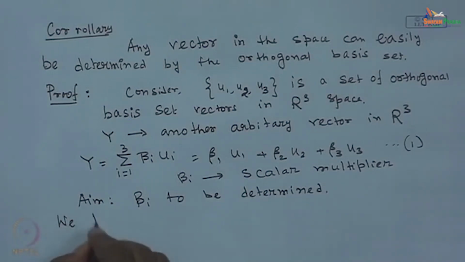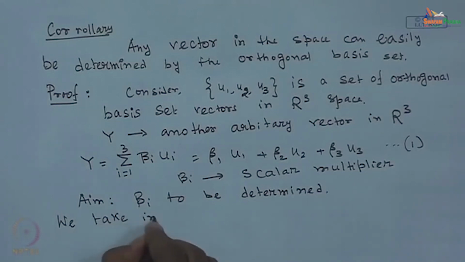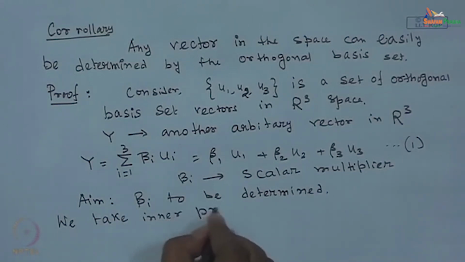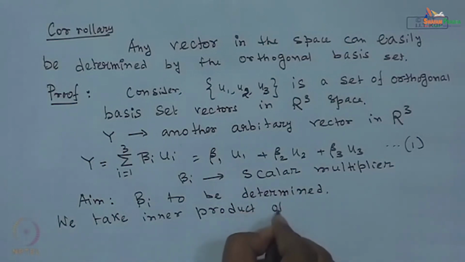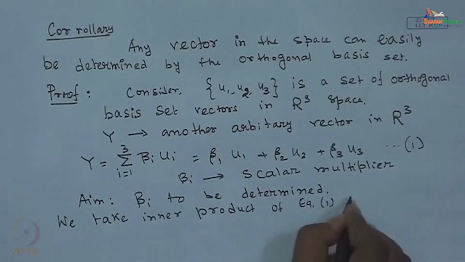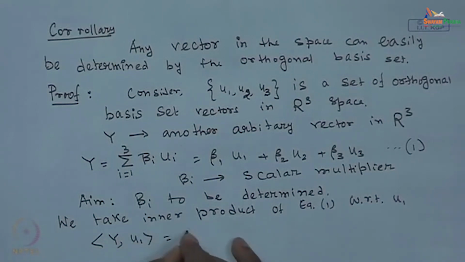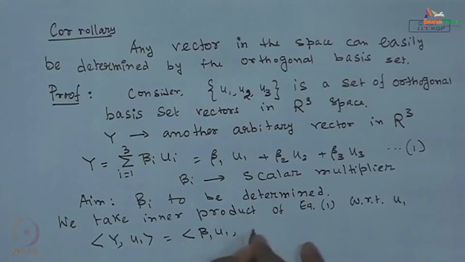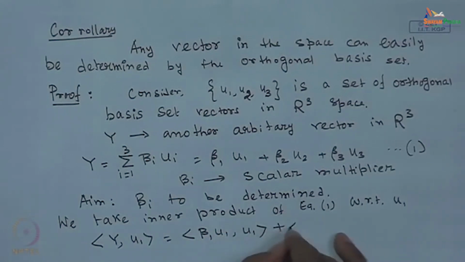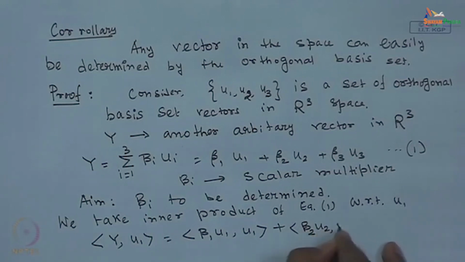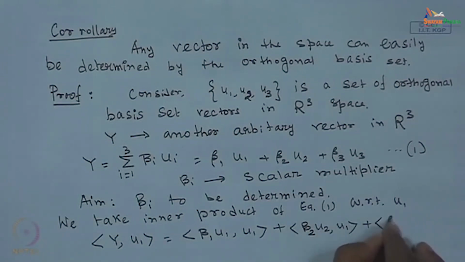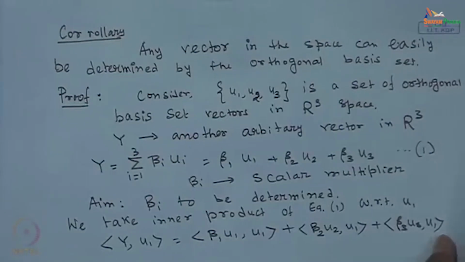So, the inner product of y with u1 is equal to the inner product of beta 1 u1 with u1, plus the inner product of beta 2 u2 with u1, plus the inner product of beta 3 u3 with u1. Okay. So, let us try to simplify this equation.